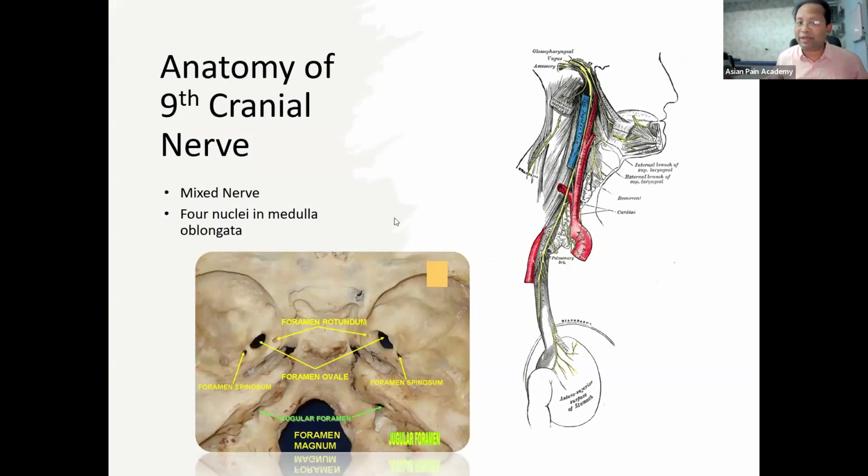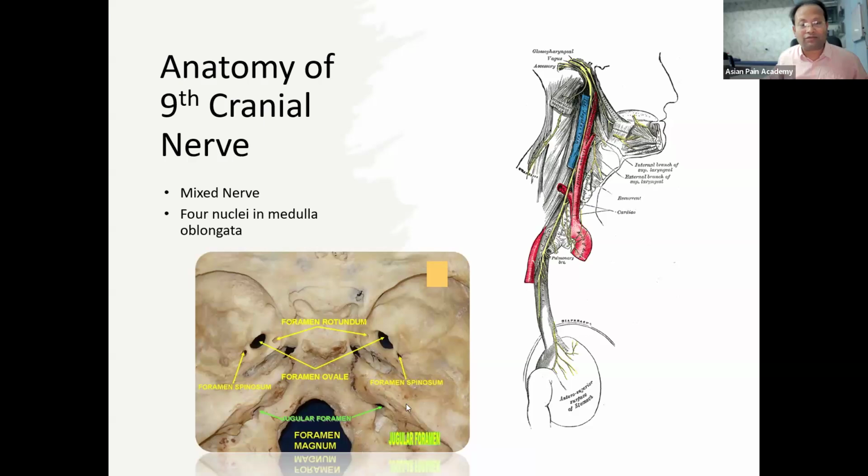Firstly, it is a mixed nerve. It has motor and sensory parts, and of course parasympathetic autonomic functions are also there. Four nuclei are in the medulla oblongata, from where it starts, and then it passes from the cranium to the extracranial part through the jugular foramen.